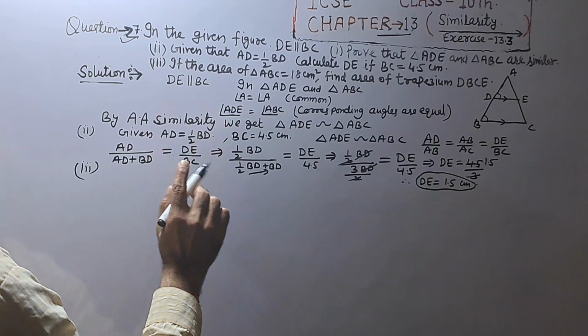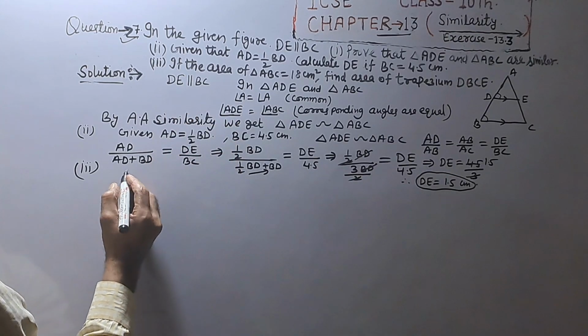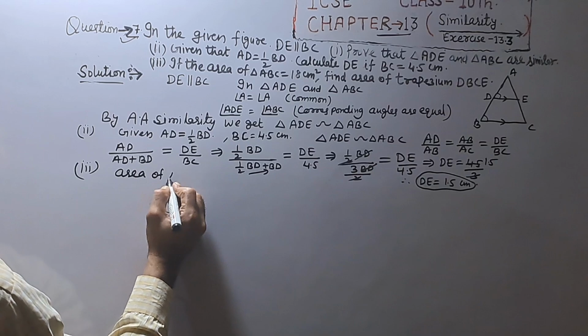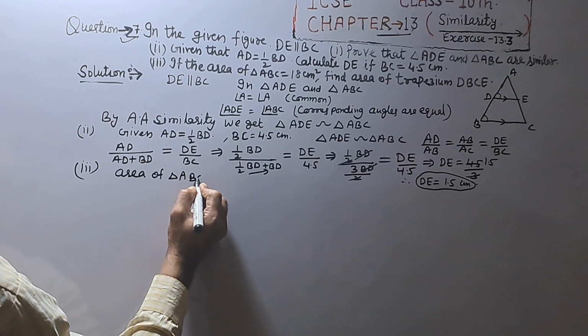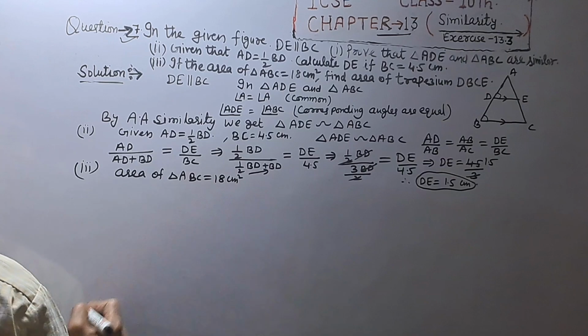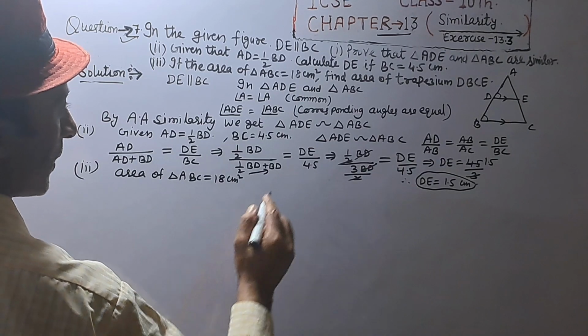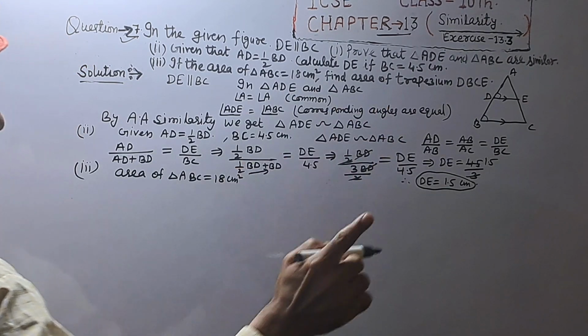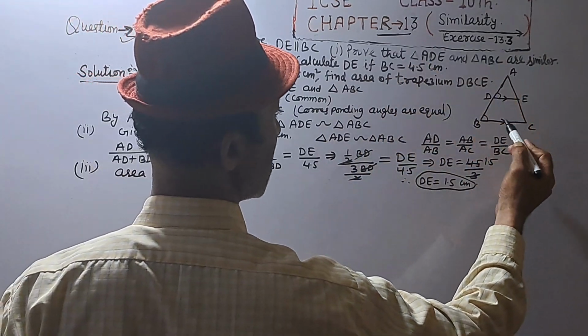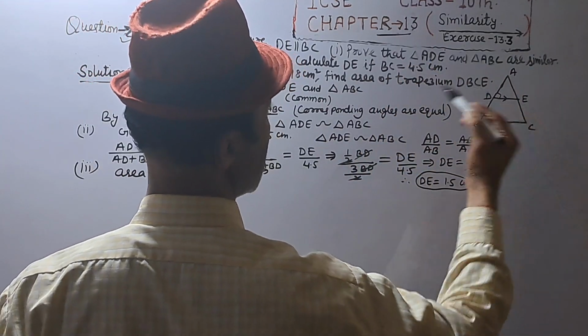And third part, area of triangle ABC is equal to 18 centimeter square, and find the area of trapezium DBCE.